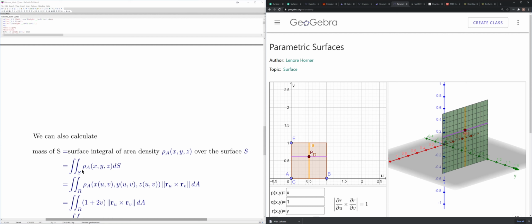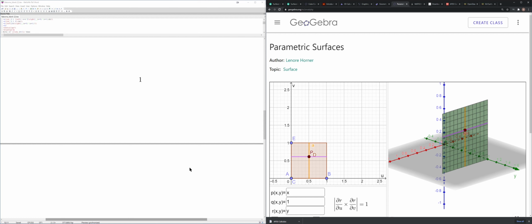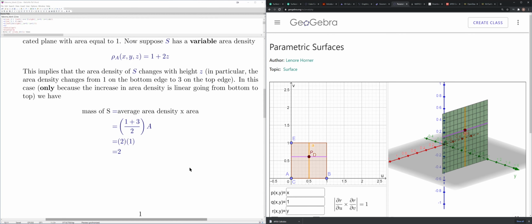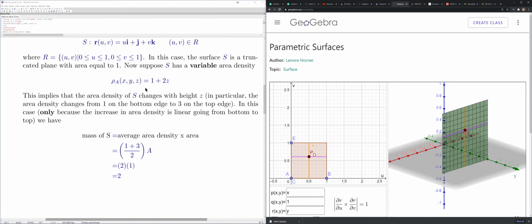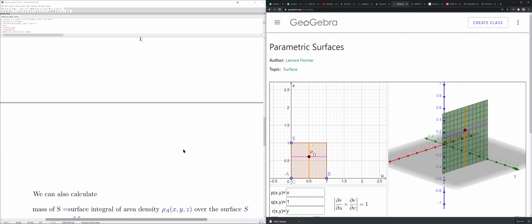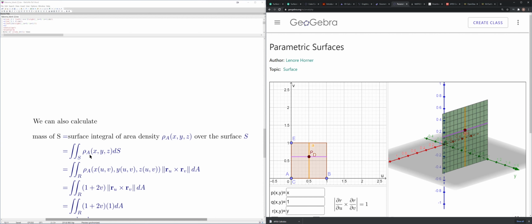The mass of this metal plate S is the surface integral of the area density function, over the surface S. So in order to get the mass, we want to integrate this area density function over your parametric surface S.